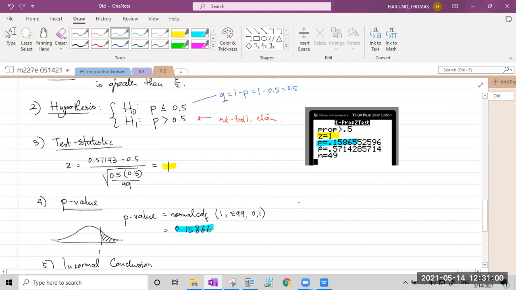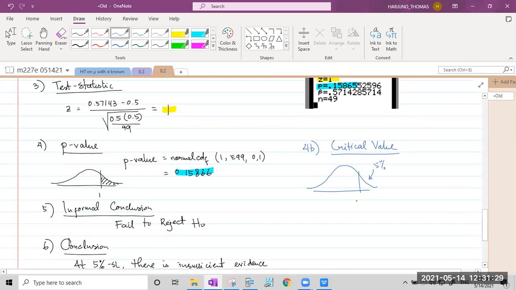Now let's see if we want to do critical value. That's a right tail. Alpha is 0.05, that's 5% here. So the area to the left is 95%.